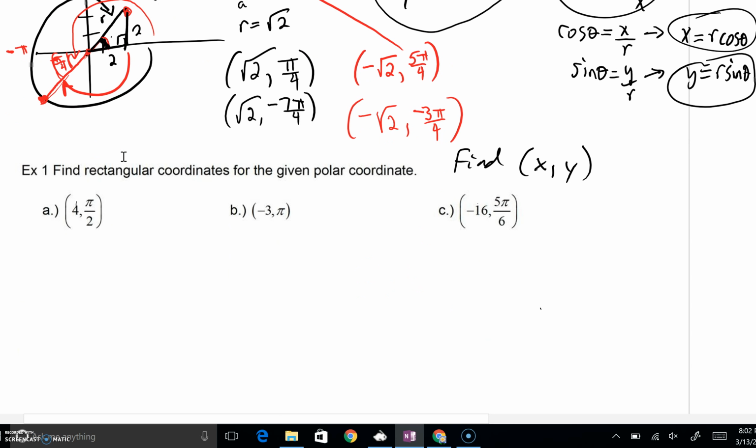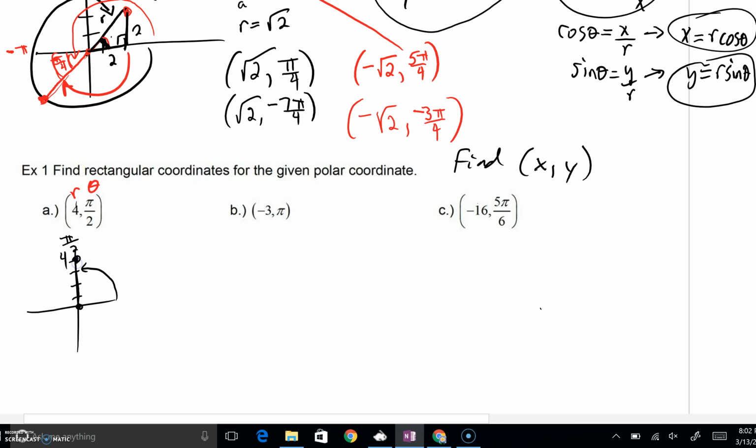Now, usually it's not so bad to go from polars to rectangulars. You look here, you have an r, you have your theta. And if we were to look at this, we can say, well, we know where pi over 2 is. We know that we're going to go 4 steps away from the origin, or from the pole.